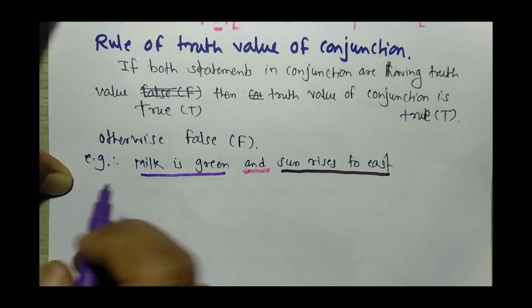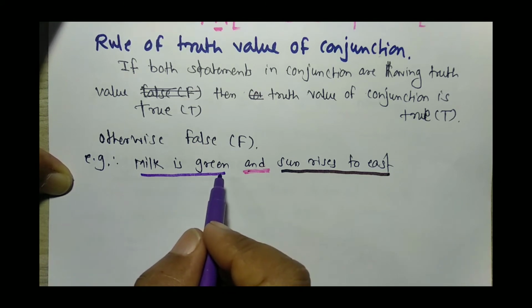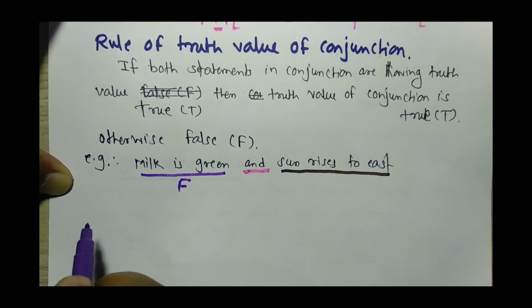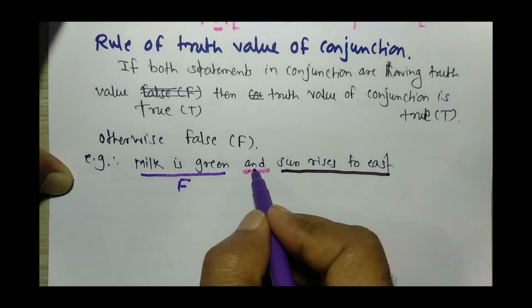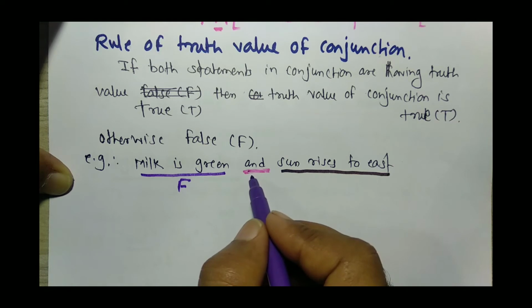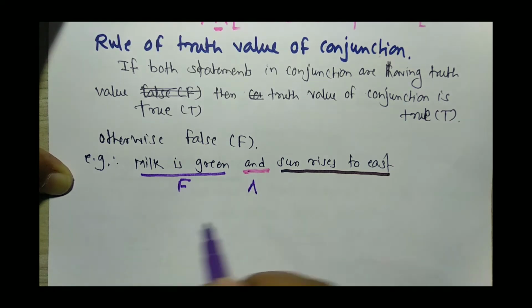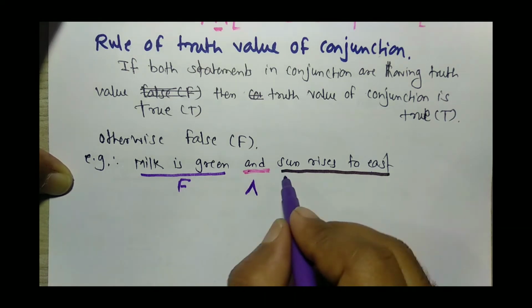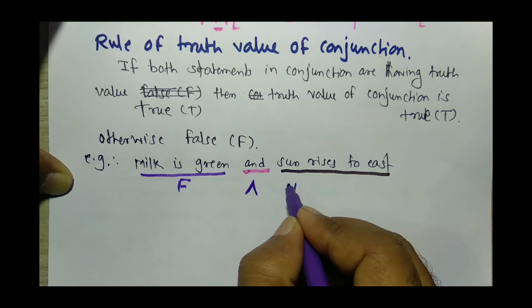What is the truth value of milk is green? Milk is white, so this statement has the truth value false. And is a logical connective. Then the sun rises in the east has the truth value true.